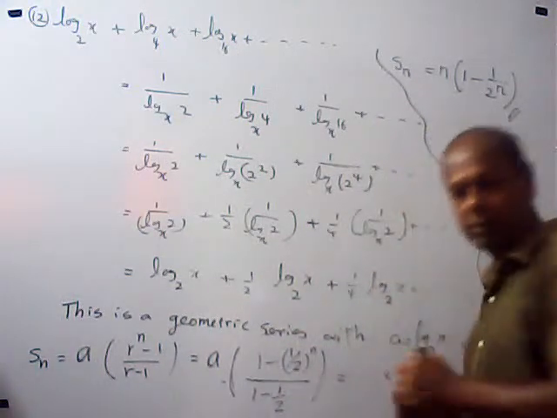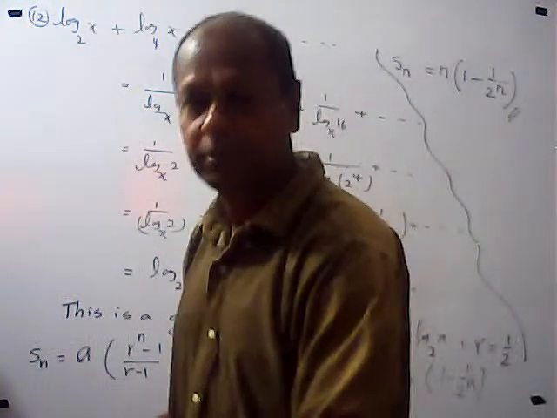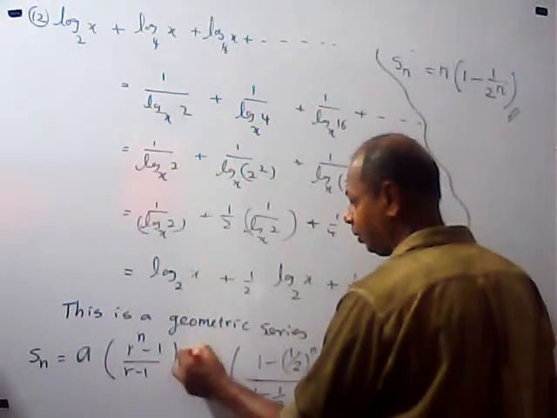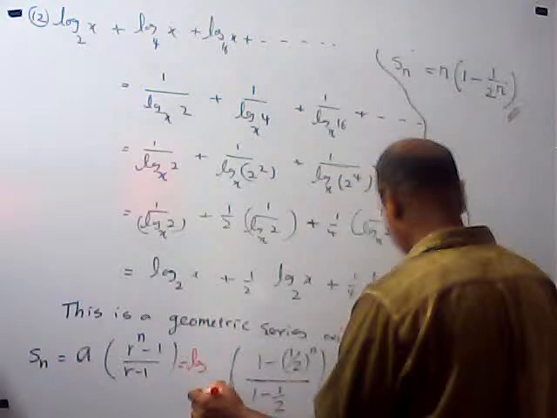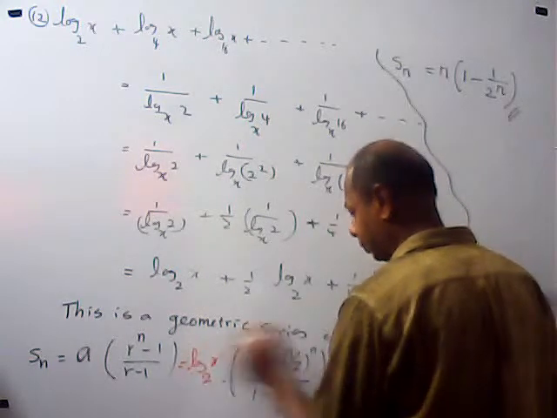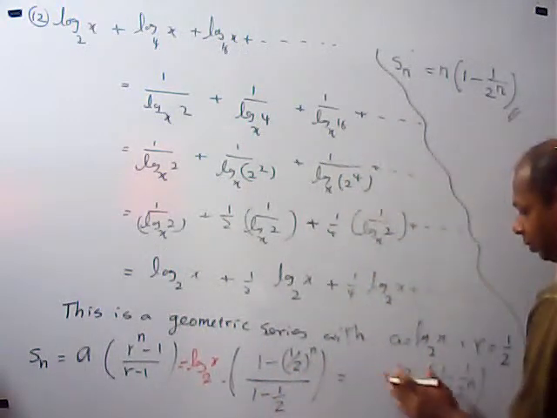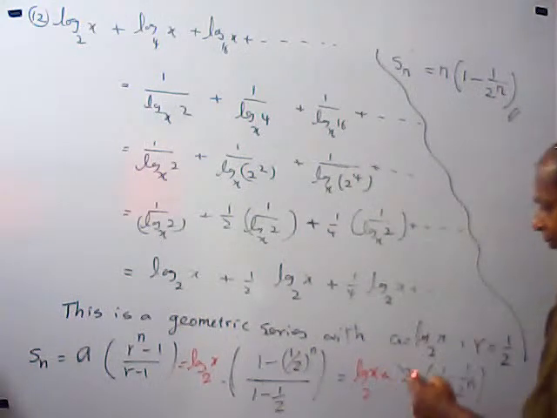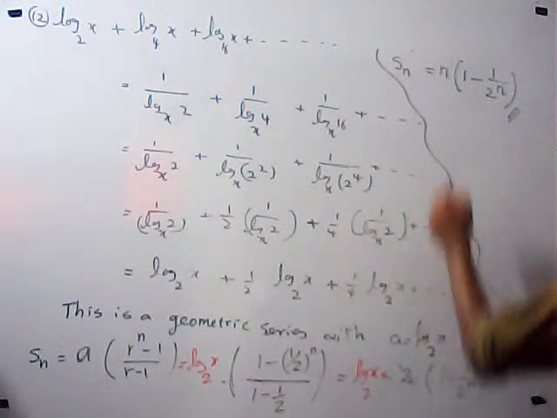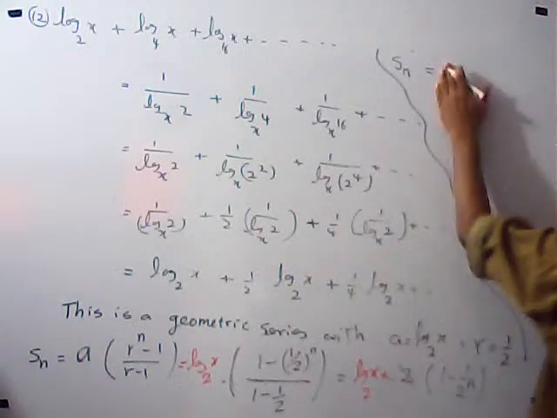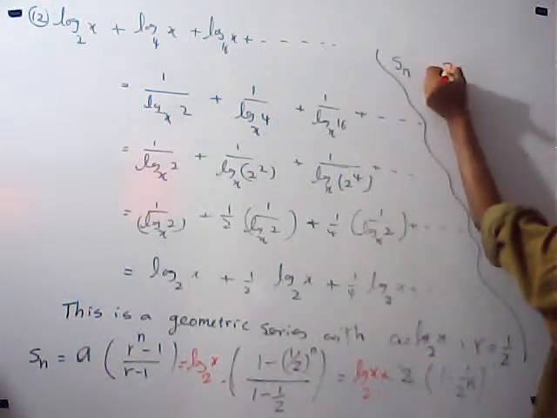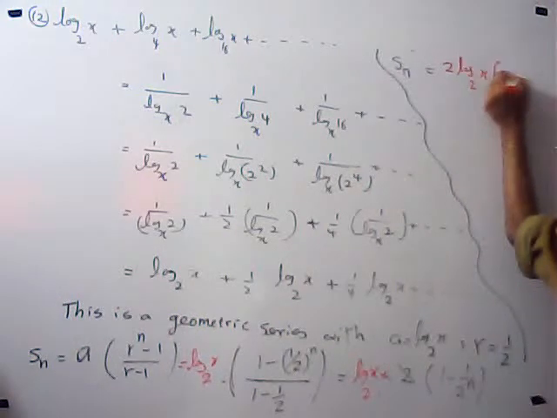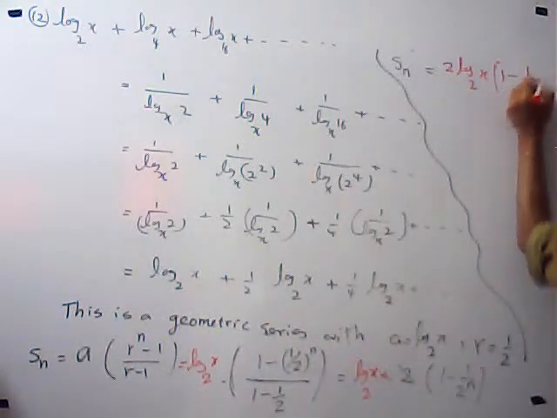I made a mistake here. I used the arithmetic series formula. Then this has to be log 2x. So finally the answer is 2 log 2x into 1 minus 1 over 2 to the power n.